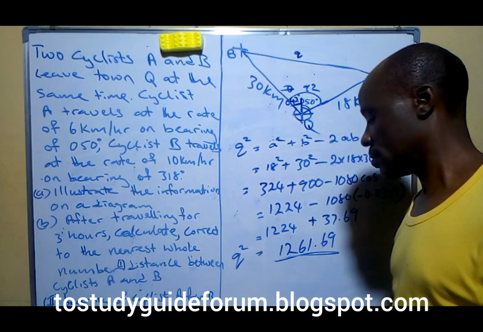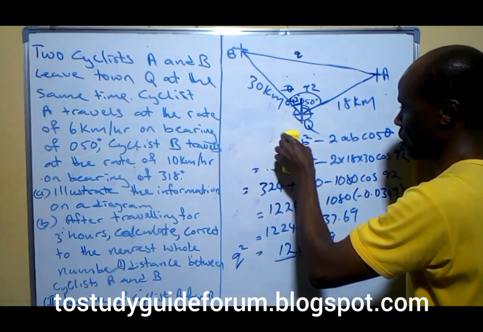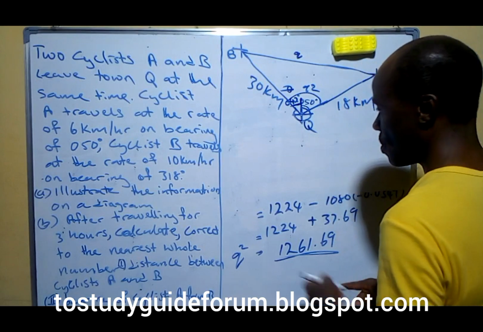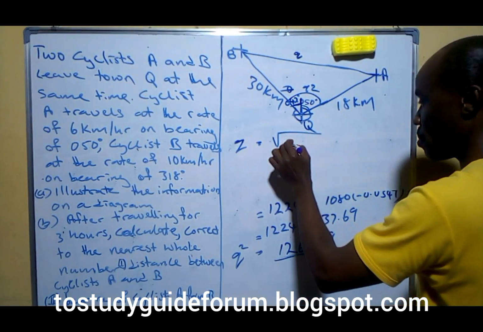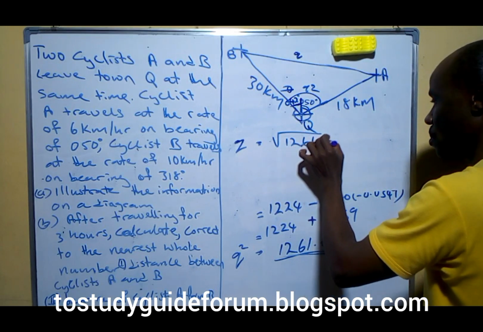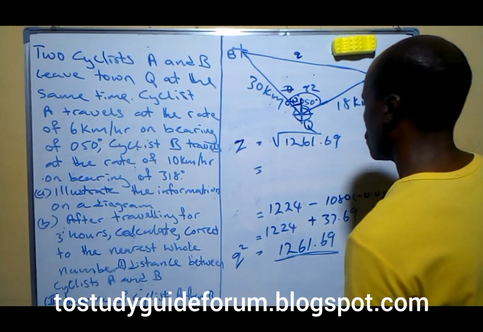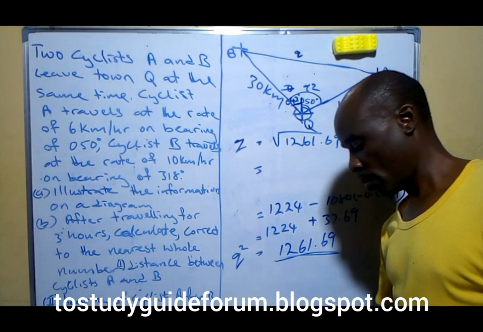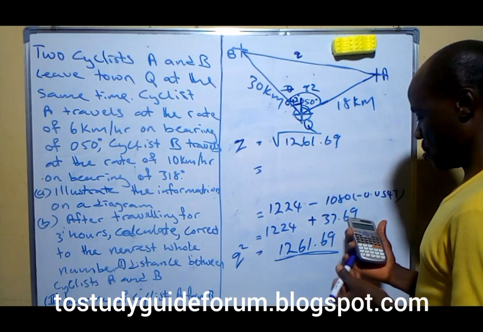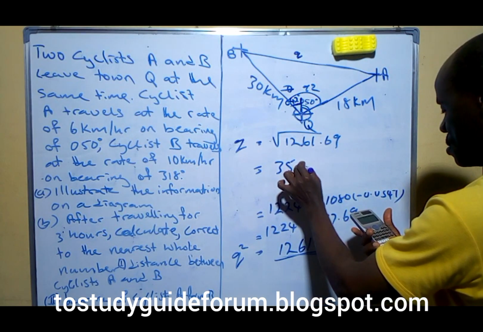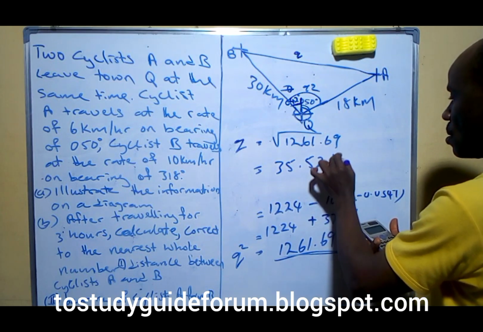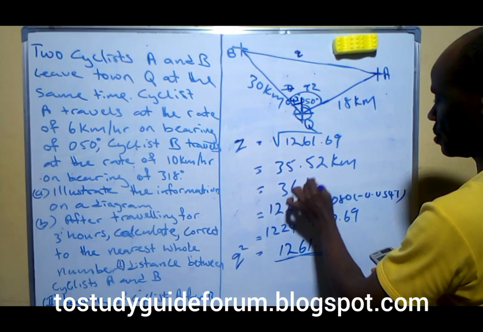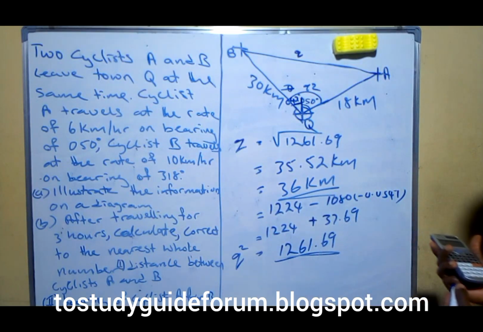The square root will give us, to the nearest whole number, 36 kilometers.